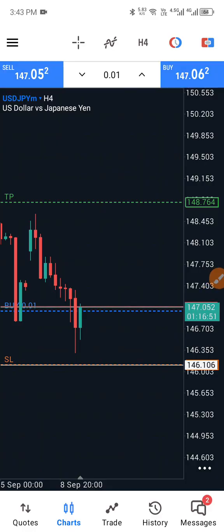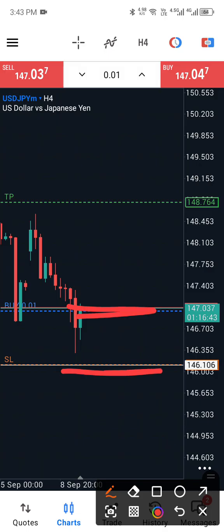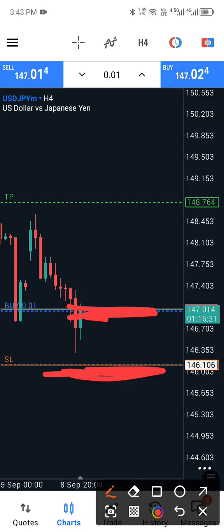I've taken note of my entry price. The next thing I want to calculate is the distance from my entry price to my stop loss. The distance between my entry price and my stop loss is the risk. Of course, my stop loss is the price where I will exit if the trade goes against me.